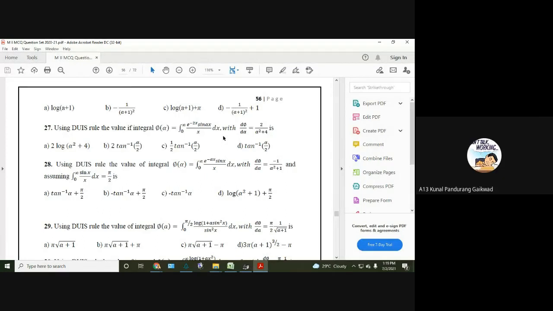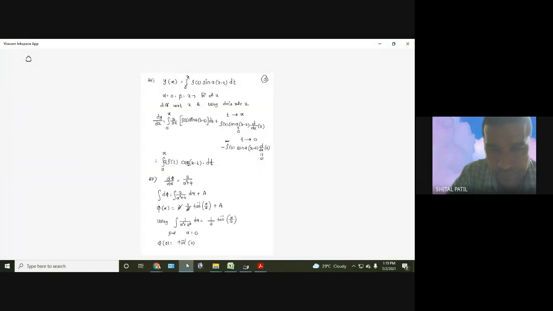Substitute alpha equal to 0. So phi of 0 equal to tan inverse of 0 plus A. Tan inverse of 0 is 0. Okay, so A equal to phi of 0.